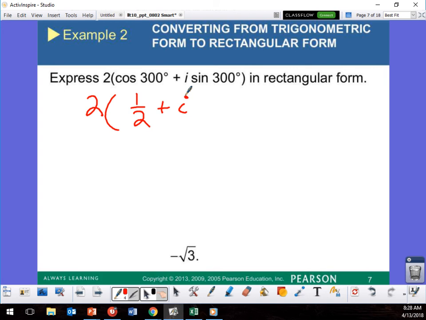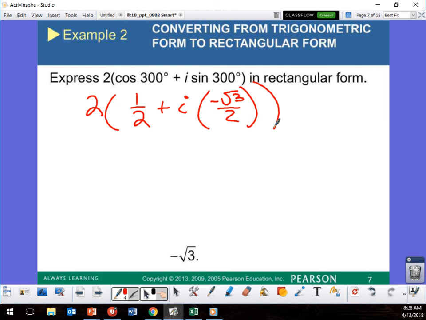Negative square root of 3 over 2. Okay, so it's almost in rectangular form. A plus bi is rectangular form. Yeah, I just took these from the unit circle.